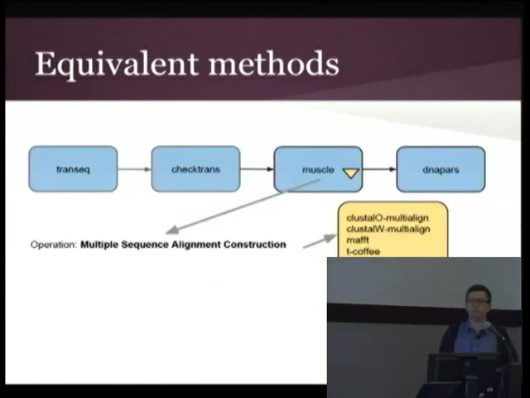We can also help people with the discovery of equivalent methods. For instance, let's say that a user has added a multiple sequence alignment operation to an example workflow. He can then change the actual program that will perform this multiple sequence alignment in the workflow editor just by selecting an equivalent program that has the same operation annotation, which is multiple sequence alignment construction.